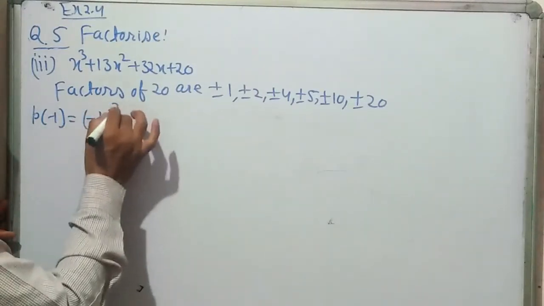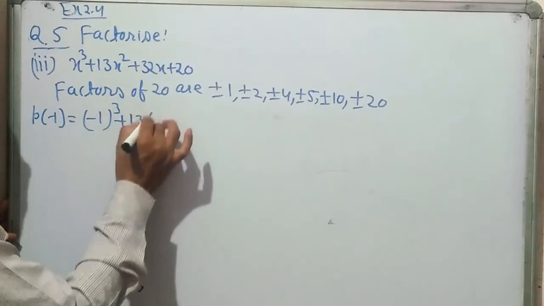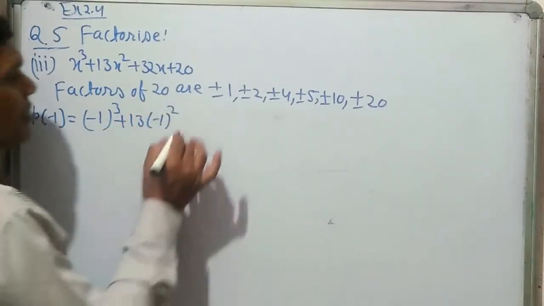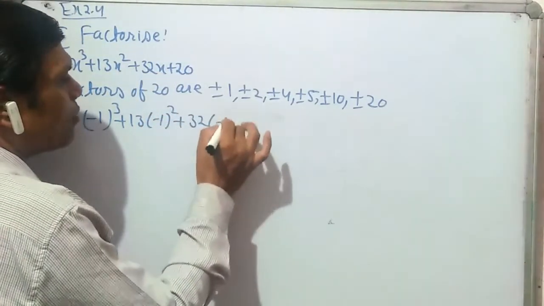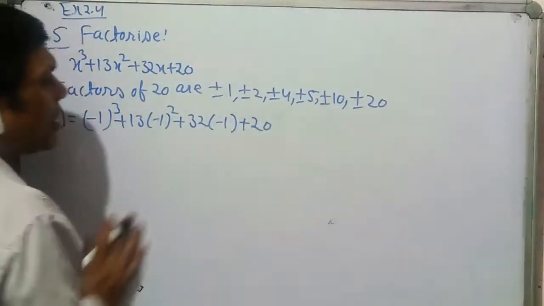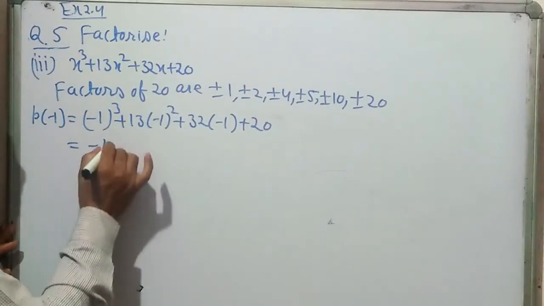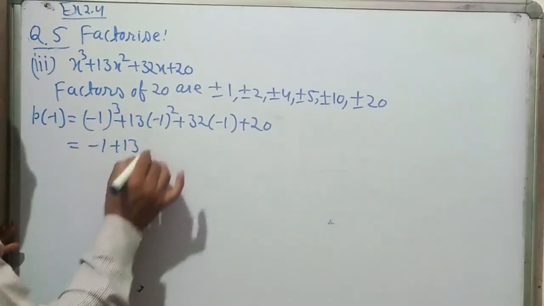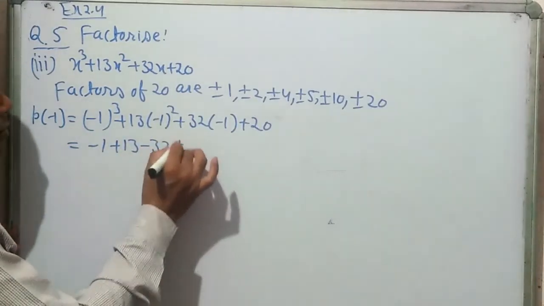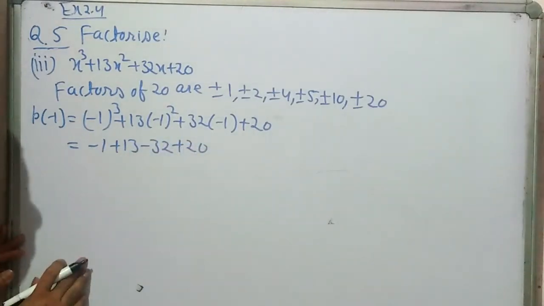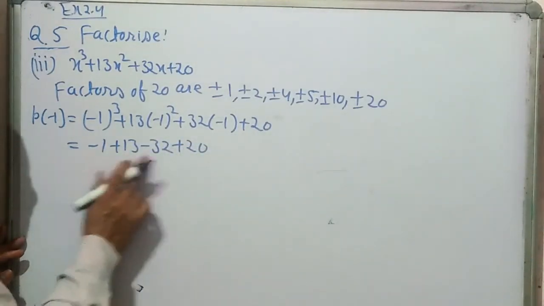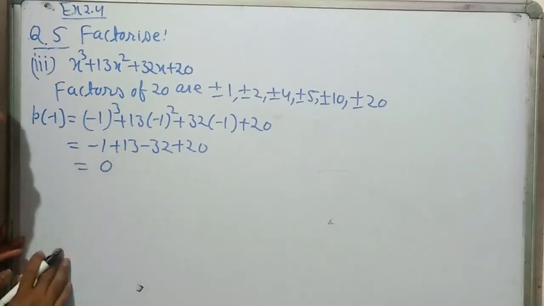We'll have negative 1 cube plus 13 into negative 1 square plus 32 into negative 1 plus 20. What we get is minus 1 plus 13 minus 32 plus 20. 33, 33, 0.